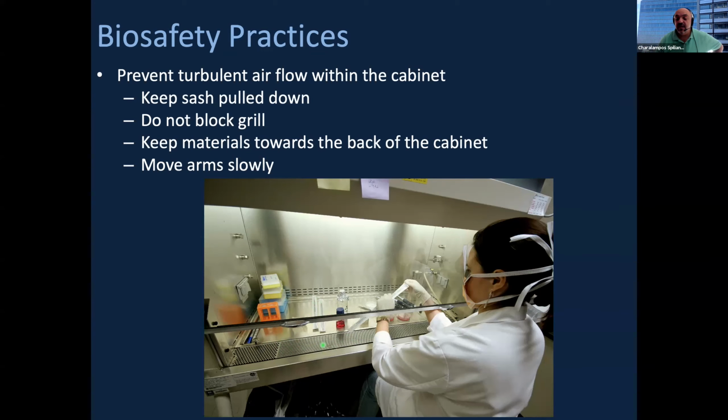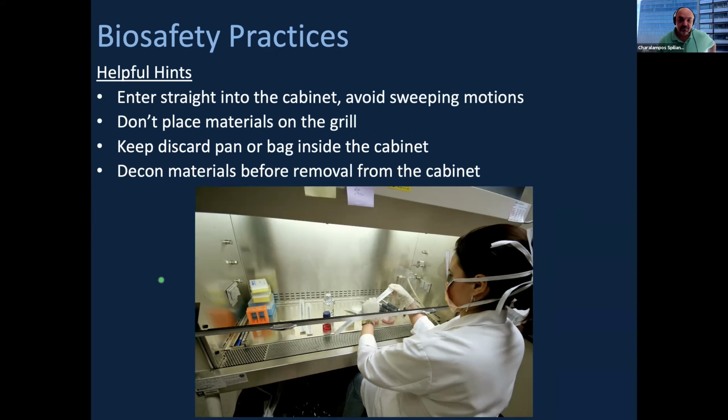If you don't want to contaminate your material, but also contaminate the outside area, then your material should be put on the back of the cabinet. Since the only movement here is by ourselves, our hands should be moving slowly so that we don't cause turbulence and increase the chance of biohazardous material getting out of the biosafety cabinet.